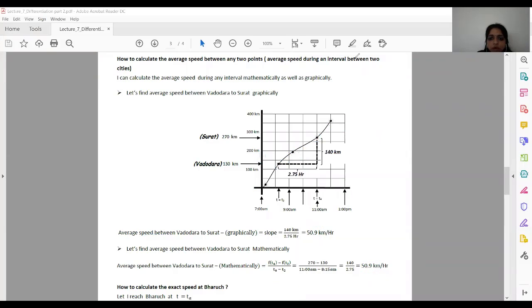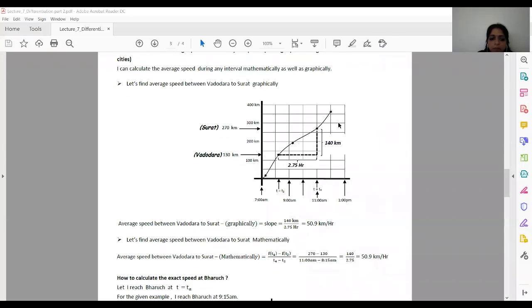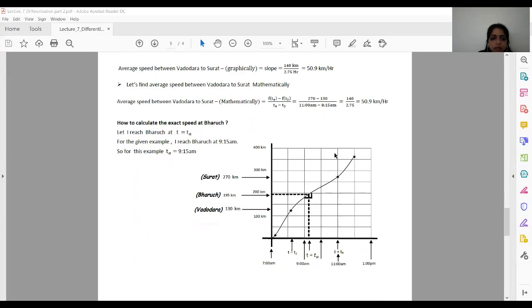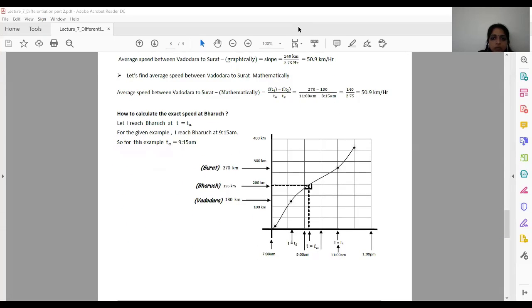But if we want to find the exact speed at a particular city, or at a particular point at that time, how to calculate? Here we found the average speed. Now we are going to find the exit speed at Bharuch. For the given example, I reach Bharuch at t equal to Ta. Suppose this Ta is 9:15 am.